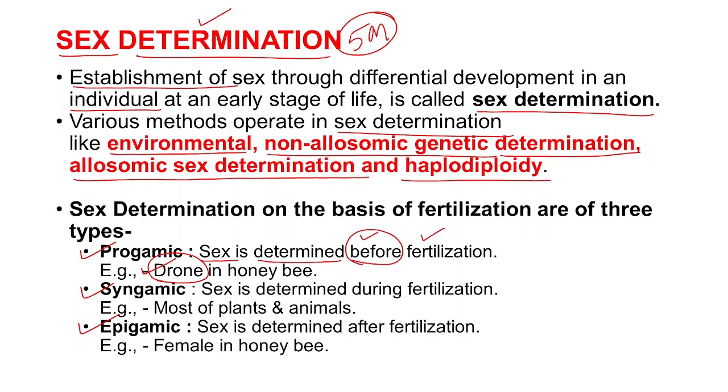Next one, Singamic sex determination. That means sex determination occurs during fertilization. If the sex determination occurs before fertilization, it is called progamic. If it occurs during fertilization, it is called Singamic. What do you mean by Singamy?